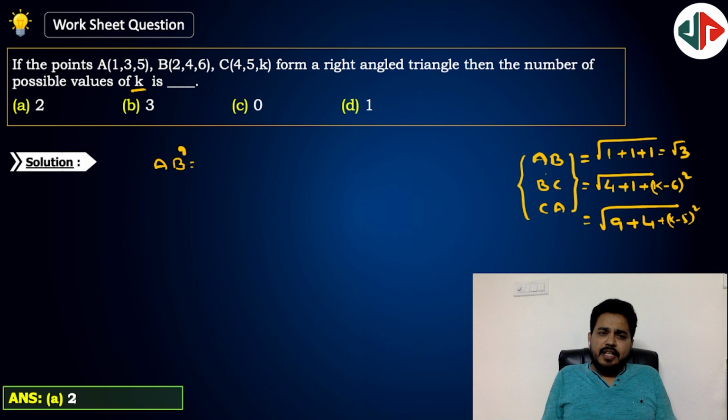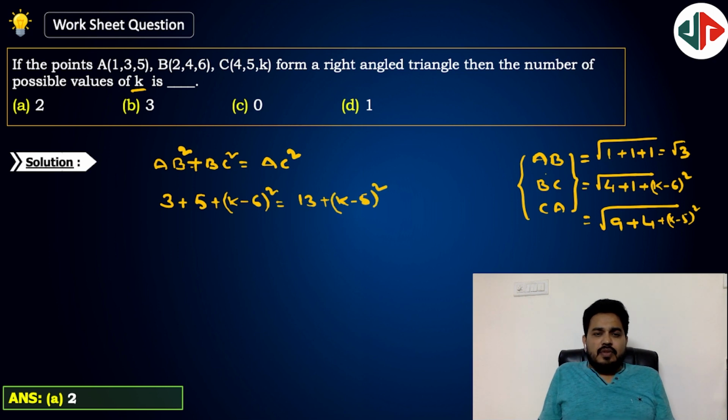So just look: AB square plus BC square is equal to AC square. So that is 3 plus 5 plus (k minus 6) whole square is equal to 13 plus (k minus 5) whole square. From here, 8 cancels, so you are going to get 5.